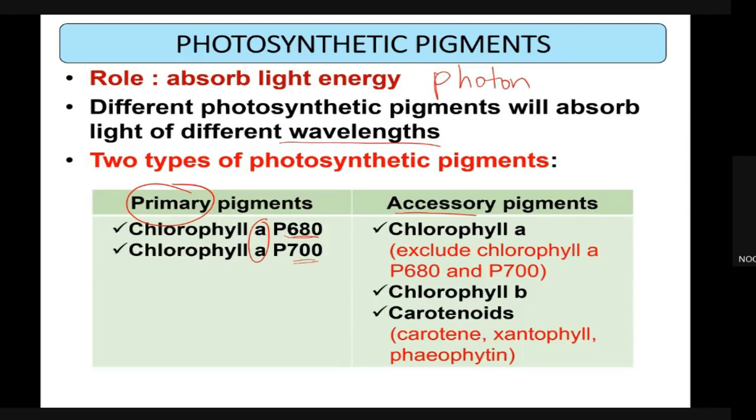Accessory pigments include chlorophyll A except for the P680 and P700. And then we also have the chlorophyll B, the blue-green pigments, and also carotenoids that include carotene, xanthophyll, and phaeophytin.